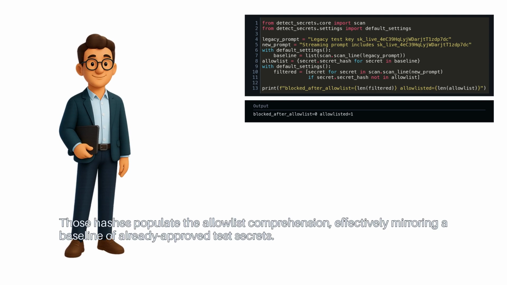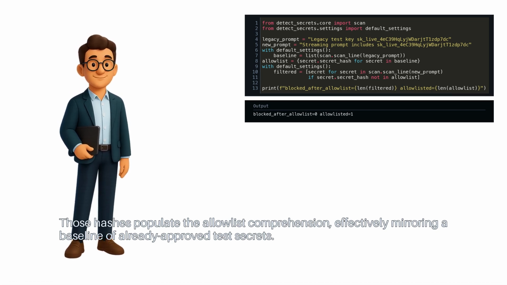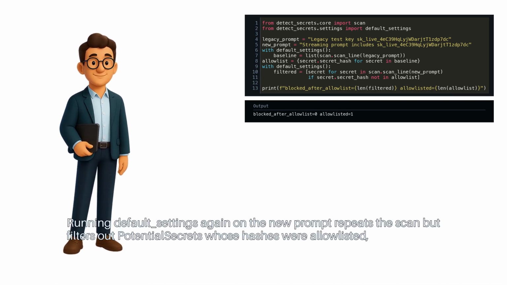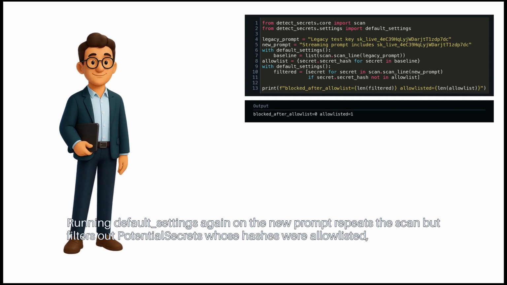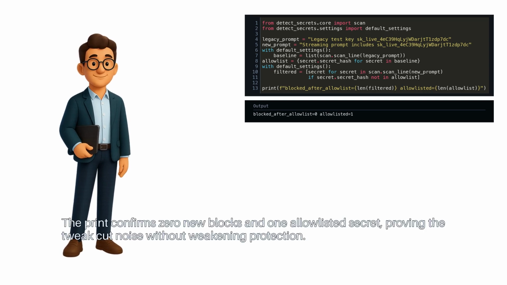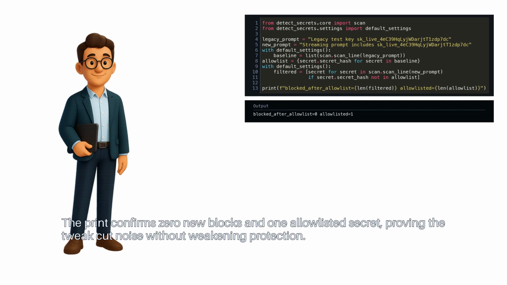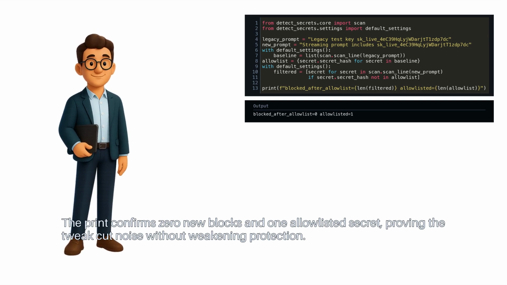Those hashes populate the allow list comprehension, effectively mirroring a baseline of already approved test secrets. Running default settings again on the new prompt repeats the scan, but filters out potential secrets whose hashes were allow listed, leaving only fresh leaks. The print confirms 0 new blocks and 1 allow listed secret, proving the tweak cut noise without weakening protection.